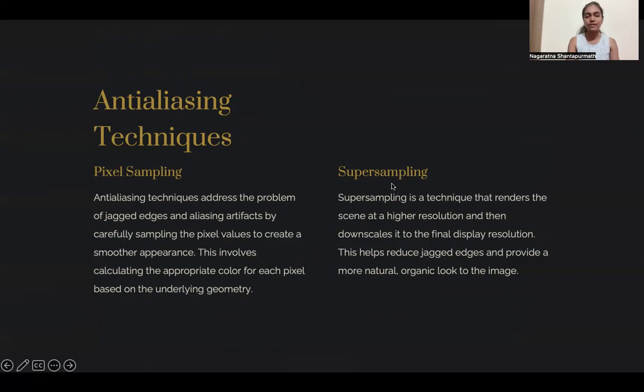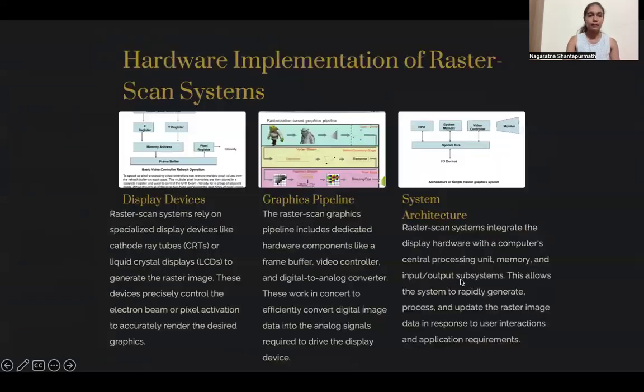Super sampling techniques render the scene at a higher resolution and then downscale it to the final display resolution, and this helps to reduce the jagged edges and provide a more natural and organic look for the image.